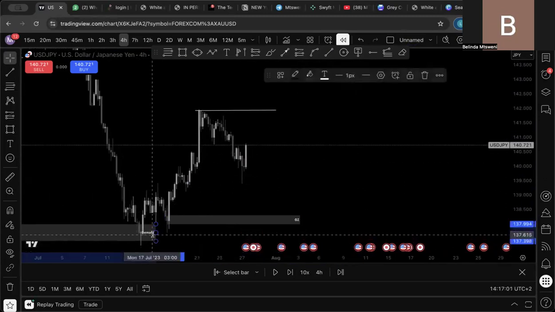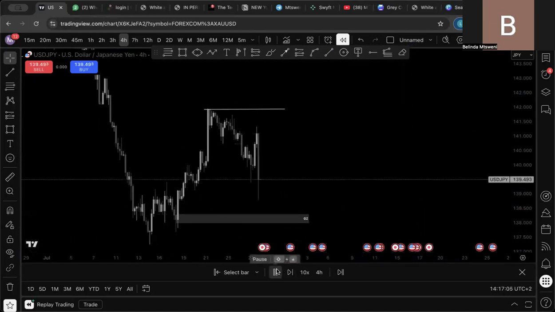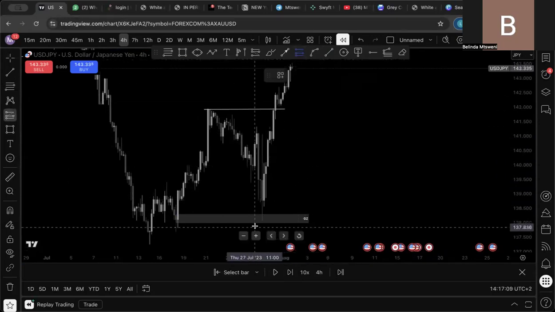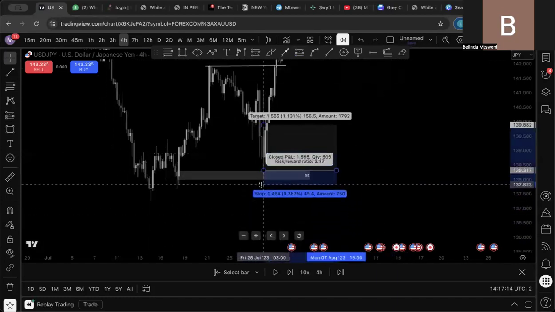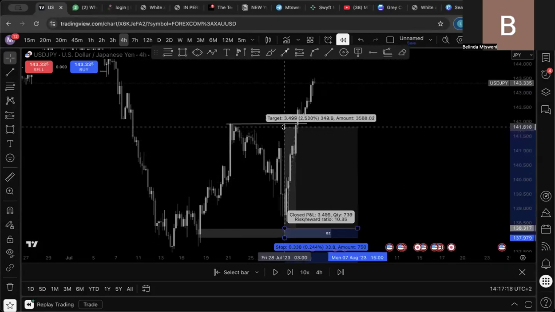Since this demand zone has been used, can delete it like this, and then initially price taps you in and hits your take profit like that, right? Took your entry here, base of your golden zone, and then price hits your take profit.